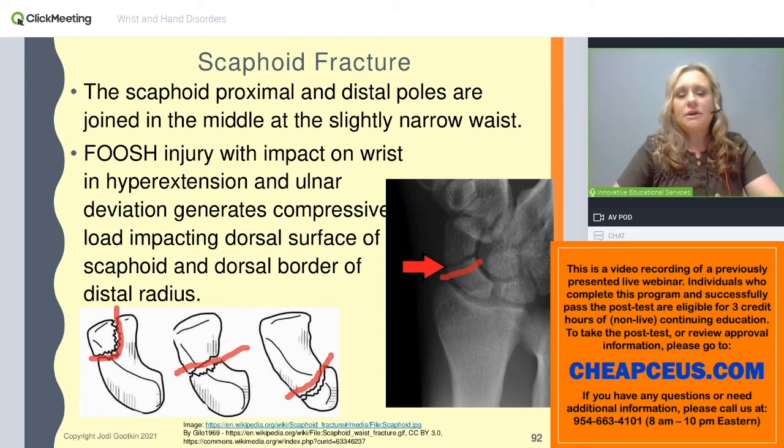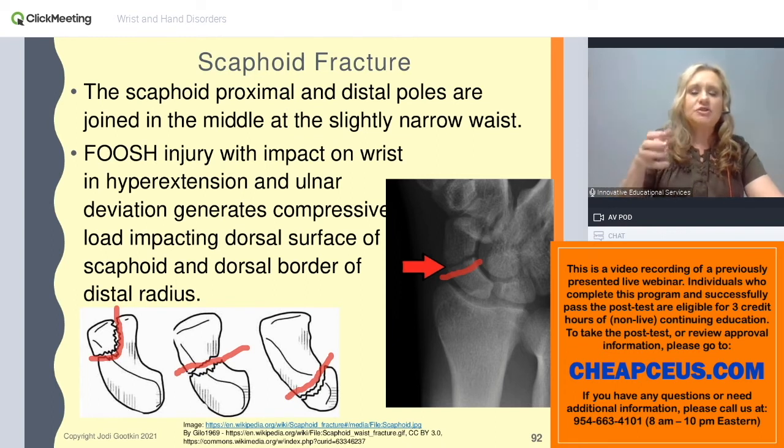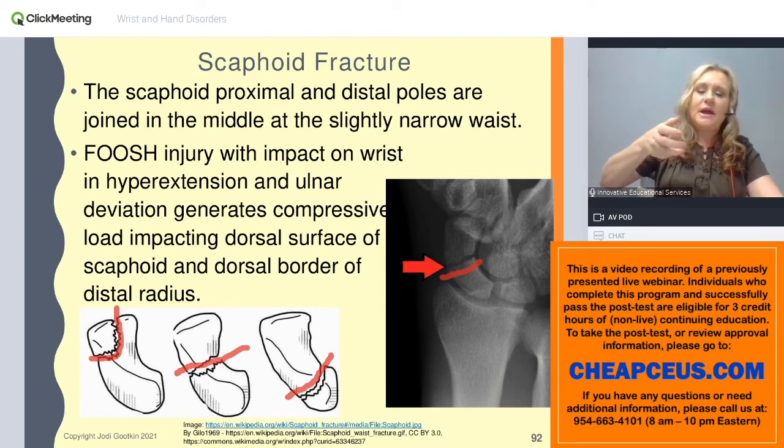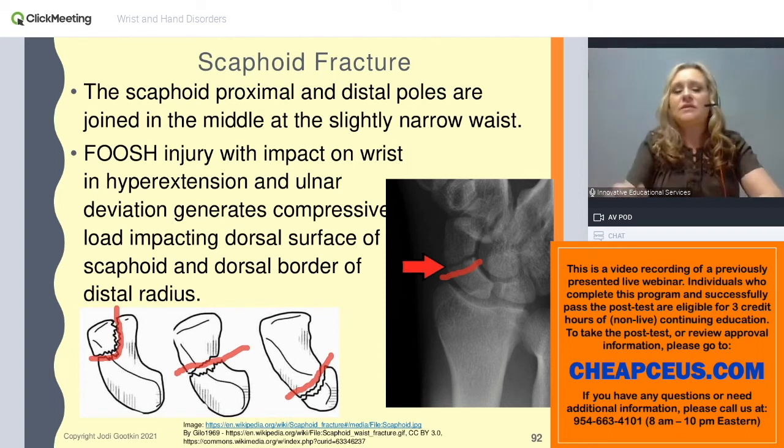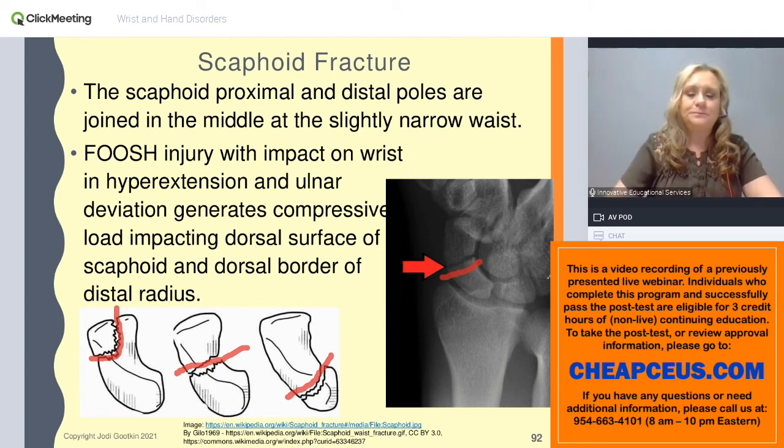It doesn't only occur with a fall. Other mechanisms of injury might be someone that has a kickback injury if they're using a tool like a drill, or it's drilling in and it jams when it goes to turn, but it doesn't, and it kind of gives force back in. It tends to hit right on the scaphoid and can create a fracture of it.